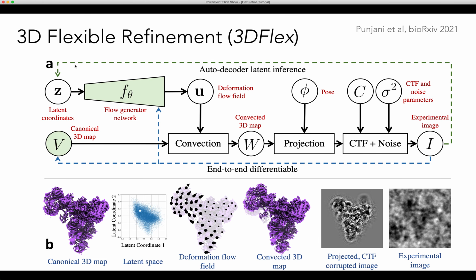We don't know what conformation is present in each particle when we start, and that latent coordinate, essentially the position of the particle in the latent landscape or the conformational landscape, also has to be estimated from the data during training time. And that's what we call autodecoder latent inference. So all of these three variables, latent coordinates, flow generator network parameters, and canonical density, are being jointly optimized during training against the experimental data.